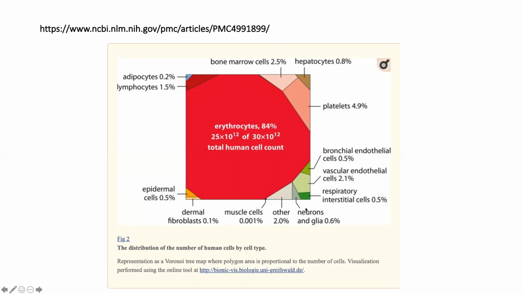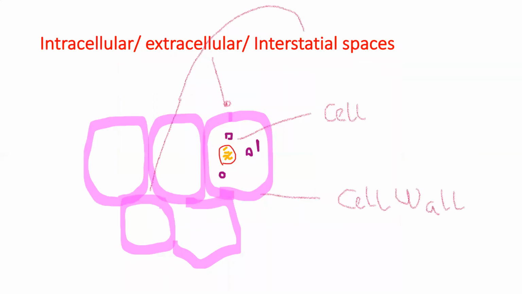Have a look at this diagram, which I think is very interesting. This is what I see as cells: one cell here, another cell here, another cell here. This is the cell membrane or plasma membrane, and this inside the cell is the cytoplasm. These are the organelles inside the cell.